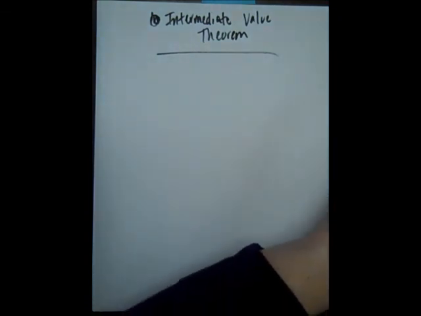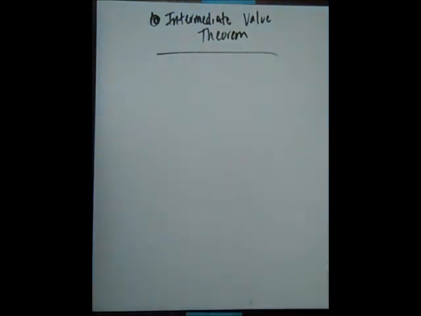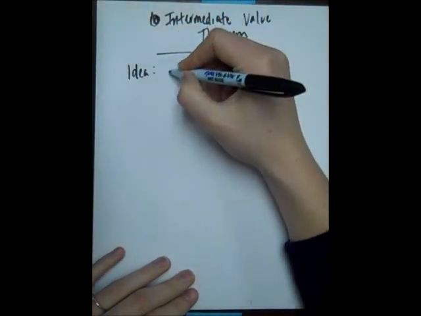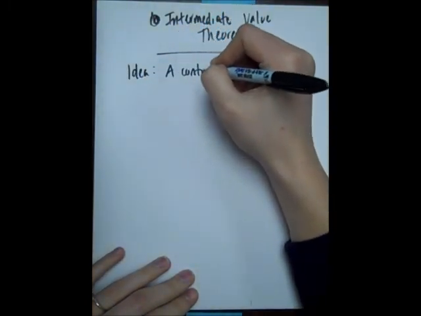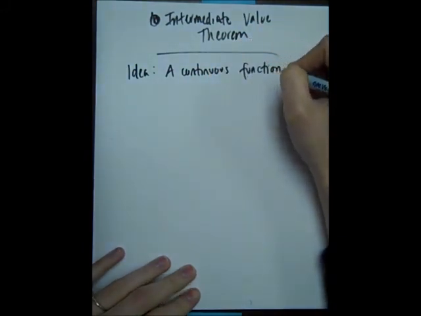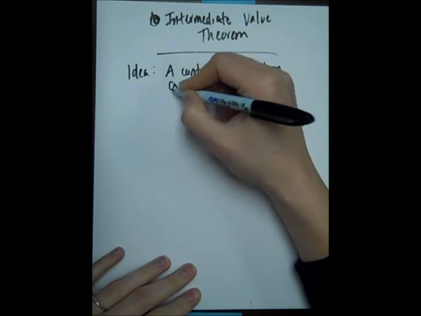Just thinking about intermediate value, the phrase just means a value in between two other numbers. So that's kind of the idea behind the intermediate value theorem, is that a continuous function can't skip values.